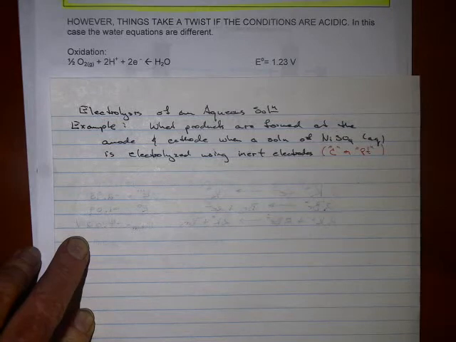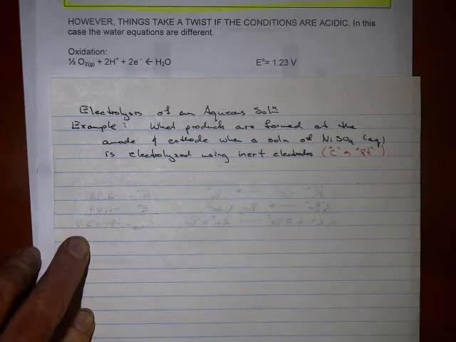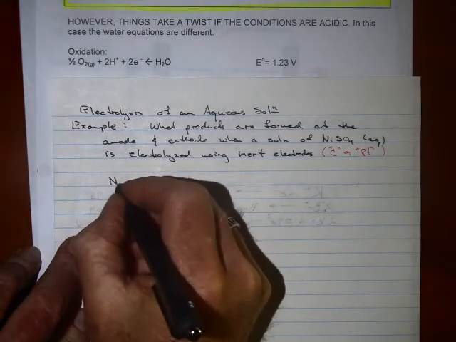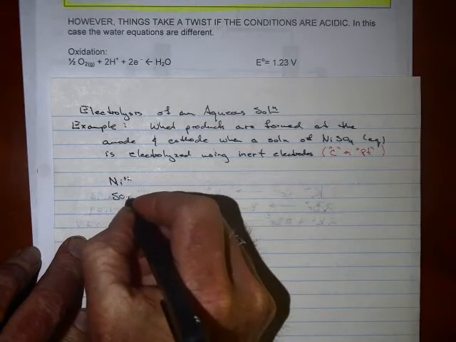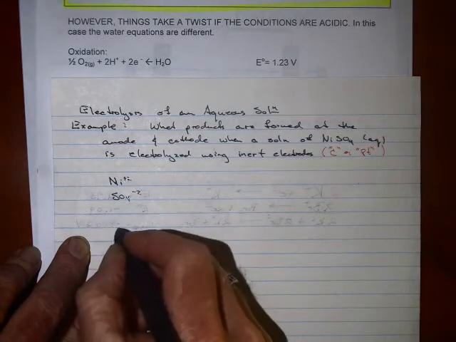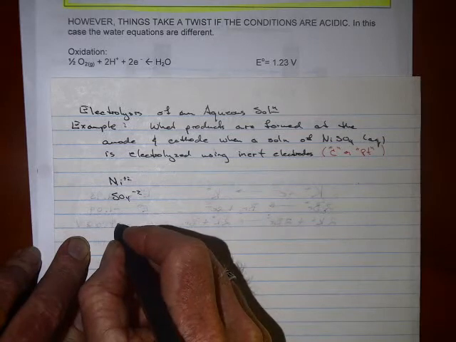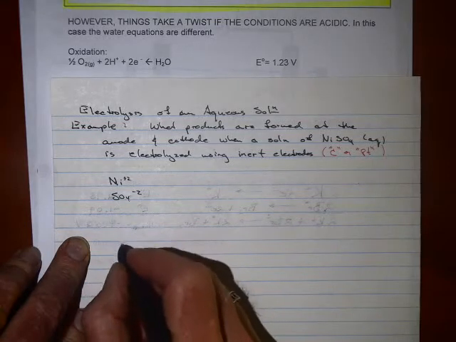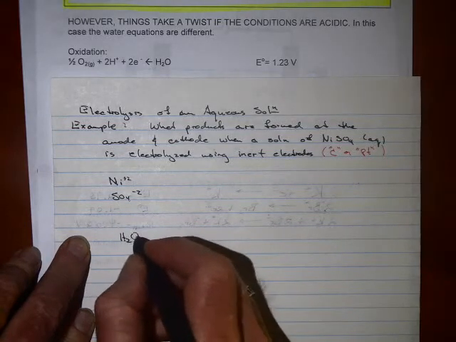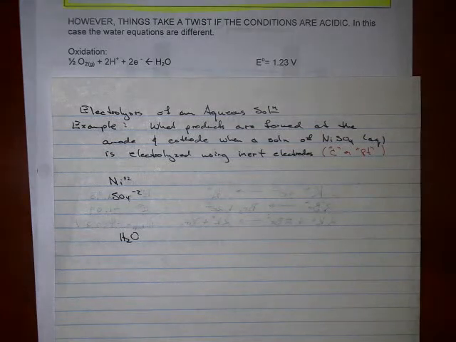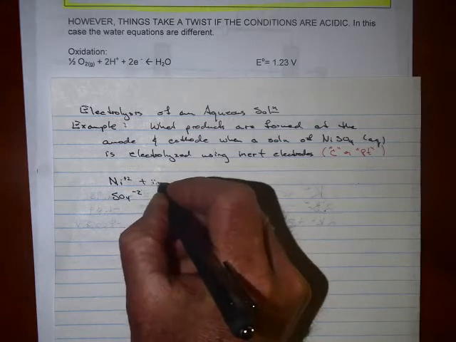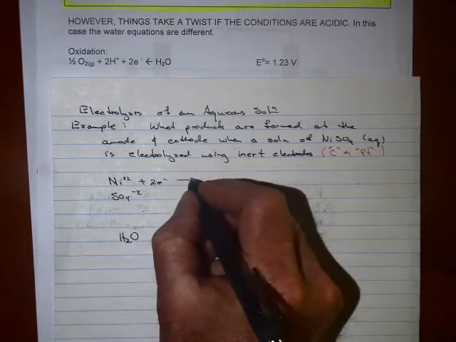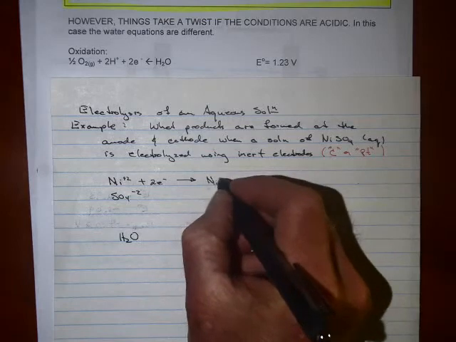Okay, so what do we have in play? We have Ni2+, we have SO4 2-, and we have water. Ni2+ is pretty easy, because the only thing that it can do is gain 2 electrons and produce nickel like that.